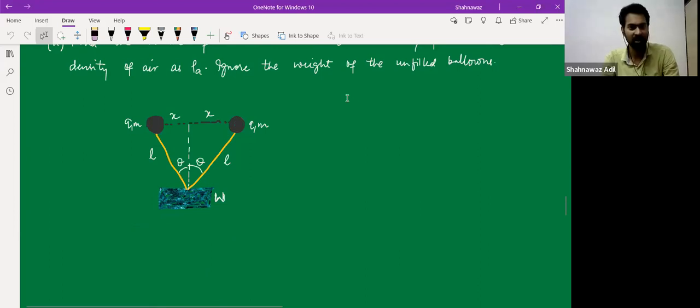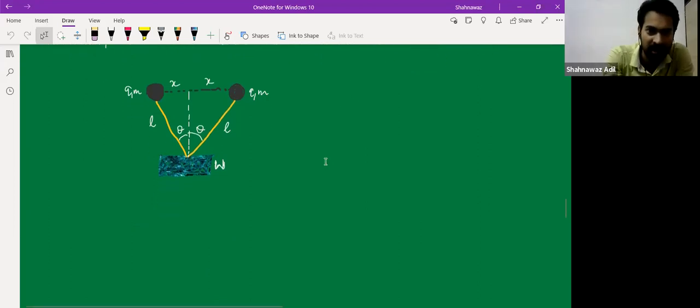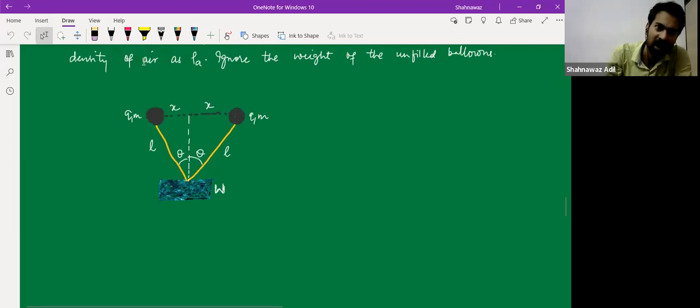So this is Coulomb's law, which is added with this buoyancy force. The first thing that we do is write the free body diagrams and write all the contributions of the forces. So if we see this charge, it is experiencing this tension in this direction.